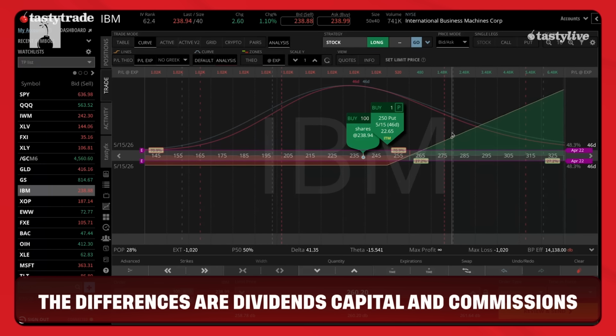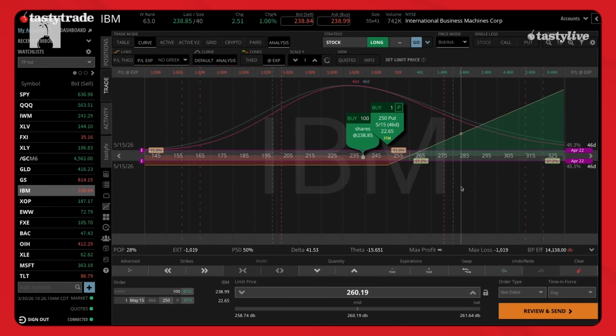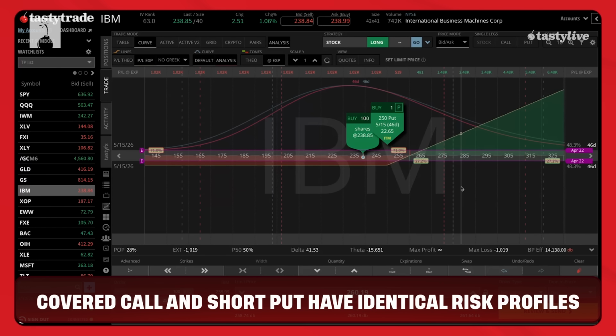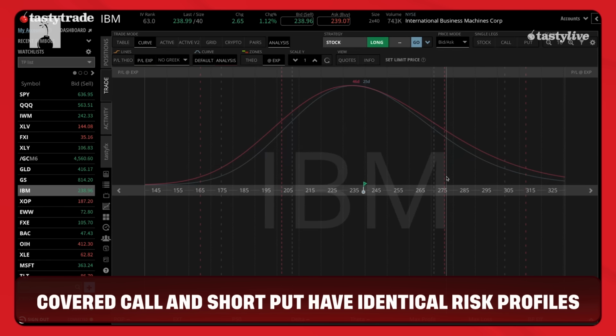And that's how traders think about this stuff. So traders don't say long stock, long put. Well, I have a protective put. No, they'll say I'm long a call or I'm long a synthetic call. Are they actually long a call? No. But in terms of risk, long stock, long put has the same risk as a long call at that same strike. Let's go take a look at another one of these.